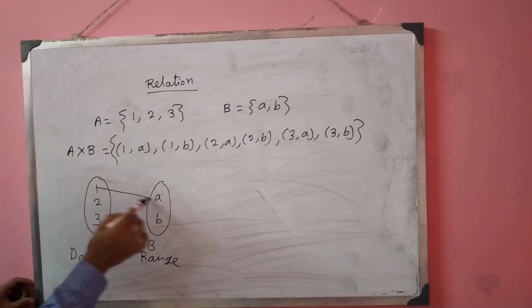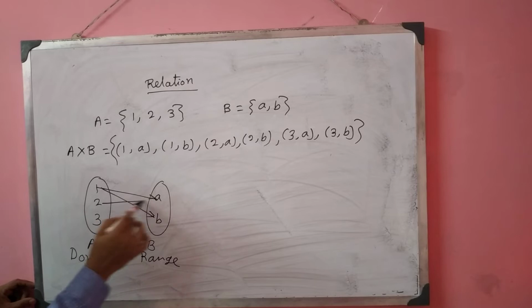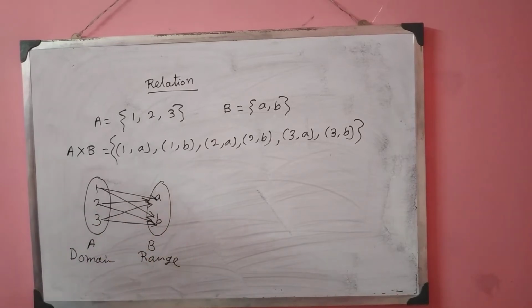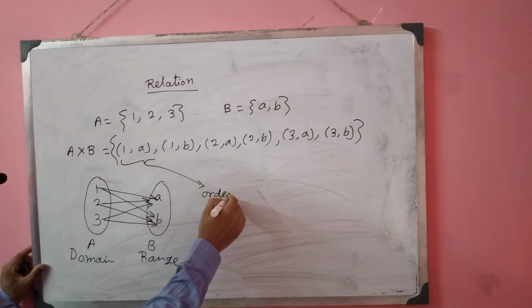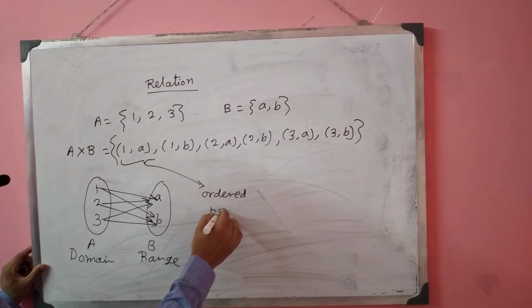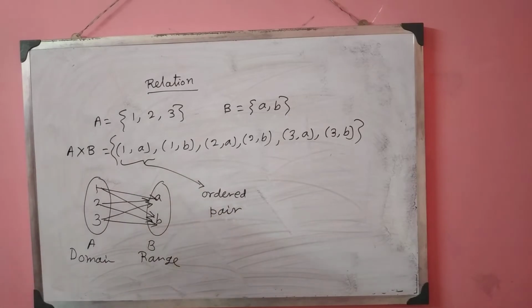Then A cross B is (1,a), (1,b), (3,a), (3,b), (2,a), (2,b), and these are called ordered pairs.